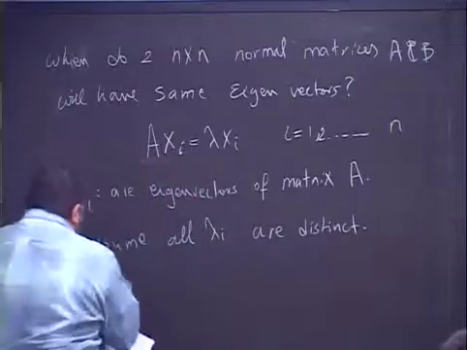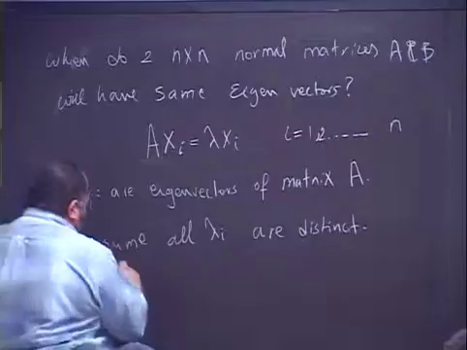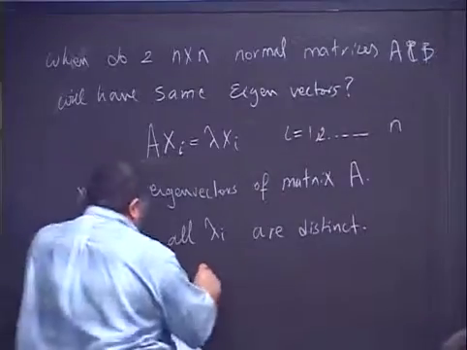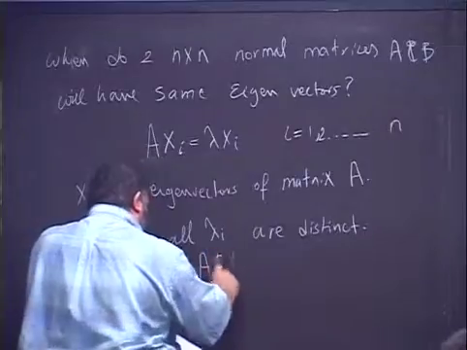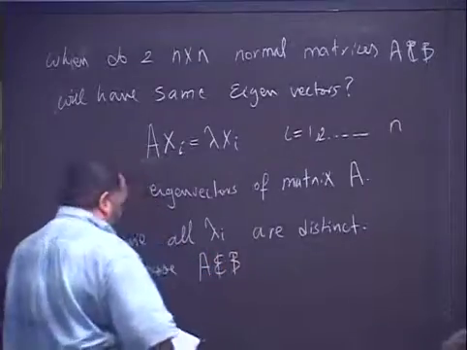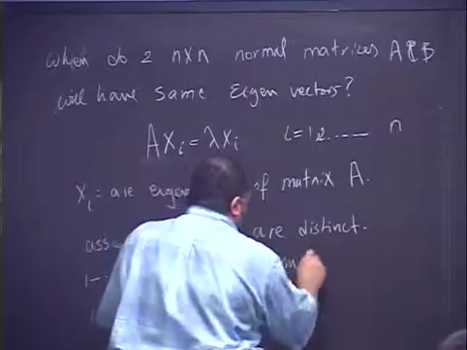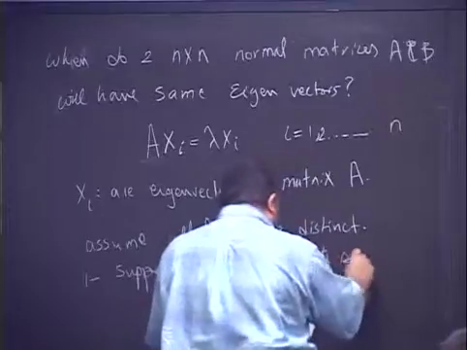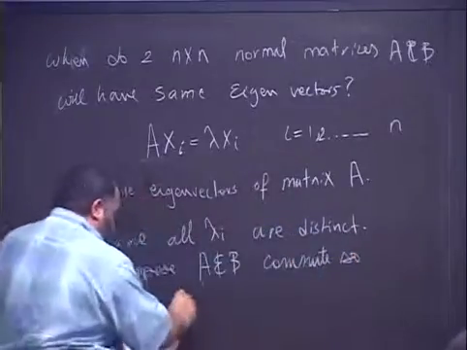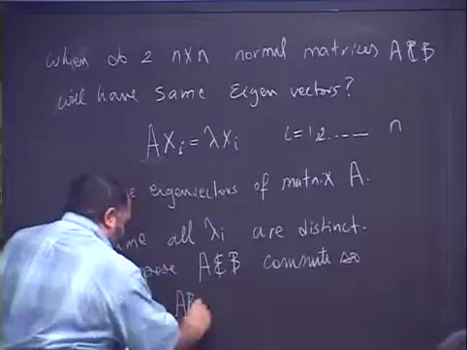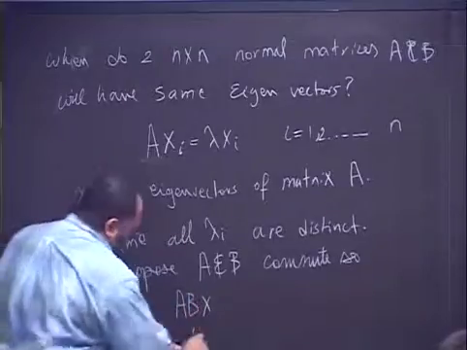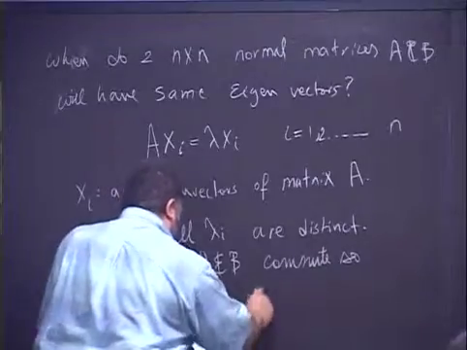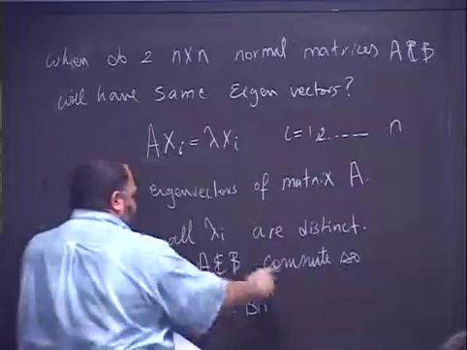Then the first part, we will suppose A and B commute with each other. So we can write the relation AB operated on the eigenvector Xi is nothing more than BA operated on Xi, because of the commutation property.